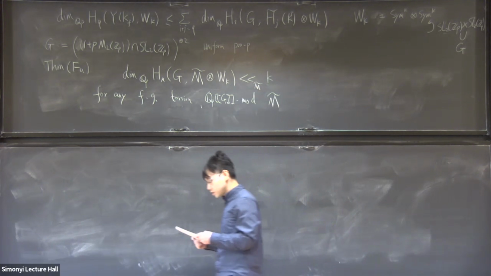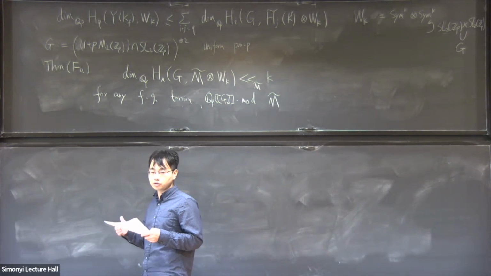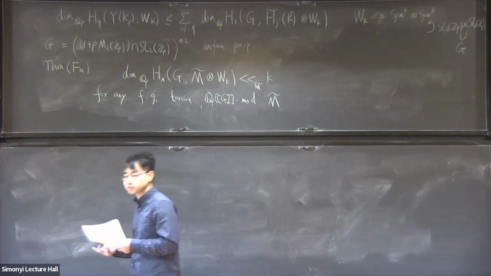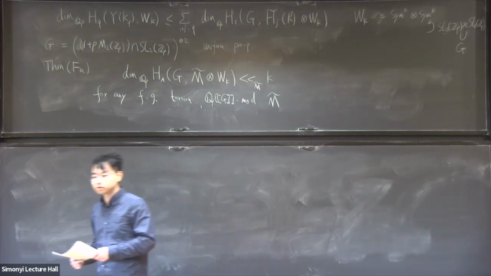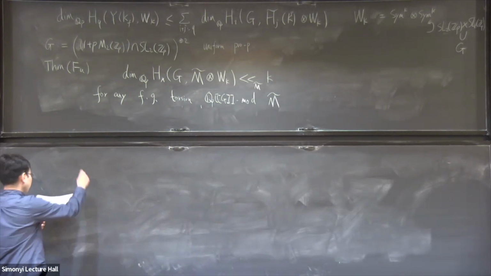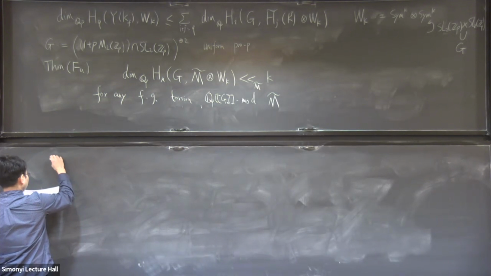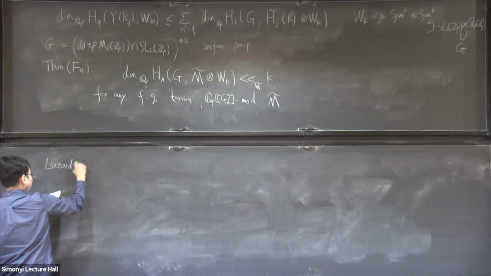We try to linearize it by passing our problem into a Lie algebra problem, because a Lie algebra is more linearized. And this was possible by some previous work, for example, of Lazard.